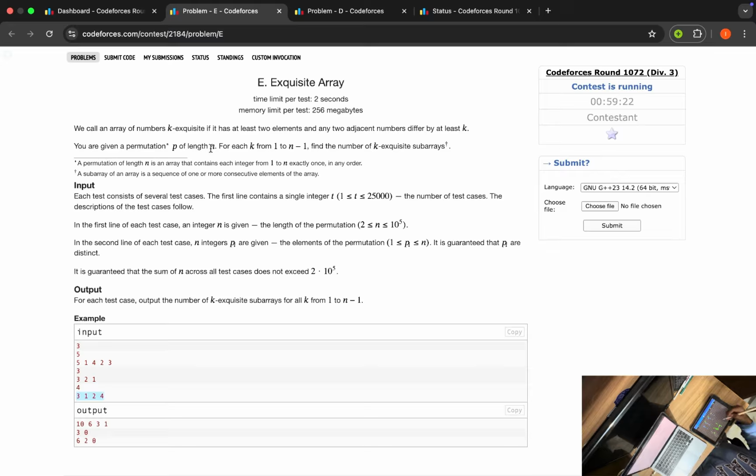Put it infinity. Then there is another 2, so 1 1.